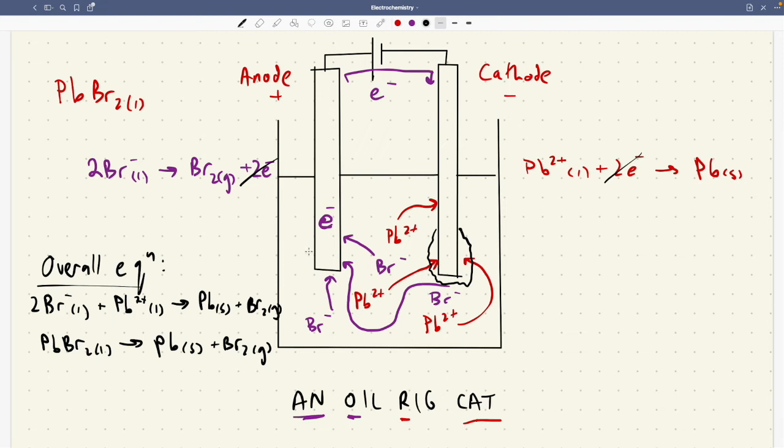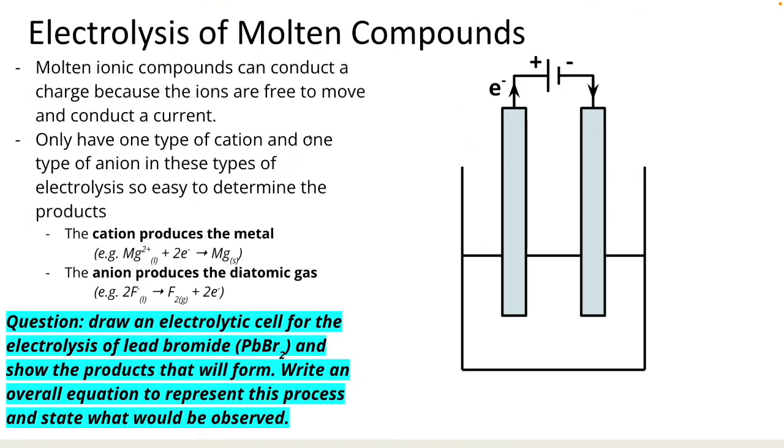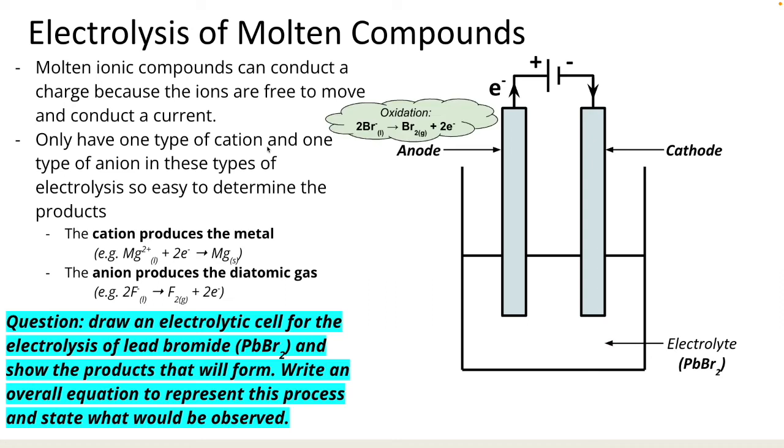And then at the anode, we're forming bromine gas. So we would observe bubbling. We would observe a gas being given off. And we know that bromine has that brilliant reddish color, doesn't it? So we would observe at the anode a red gas being effervesced. Fabulous. So that's what we put all together.